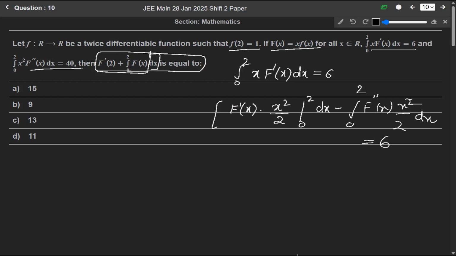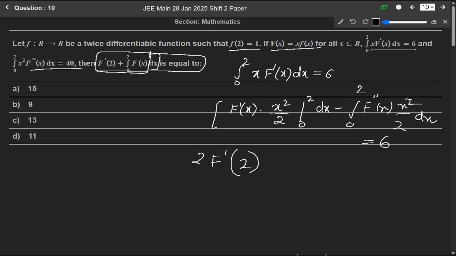When we put the limit from 0 to 2, it means 2 square over 2, 4 by 2, means 2 f'(2), and this we are given as 40, and it is equal to 6.